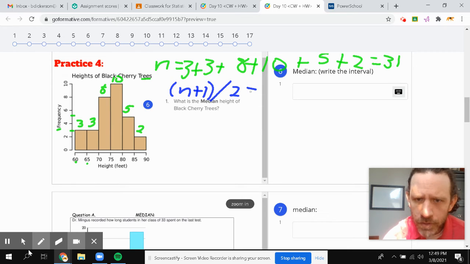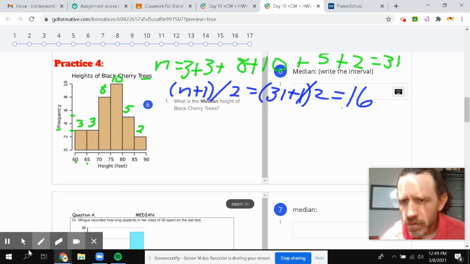So we take that 31 plus 1, which is really 32. You can maybe do this by hand or in your head. And then I divide that by 2, and you get 16. This is not your median. That's just where the median is. Okay, so pay attention to that.